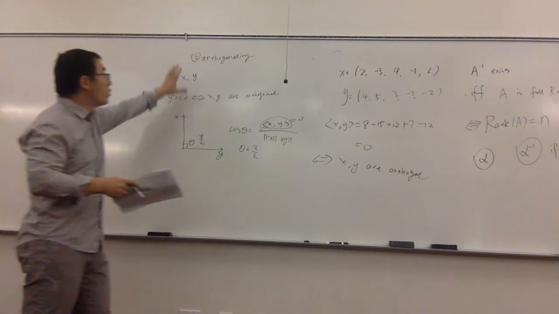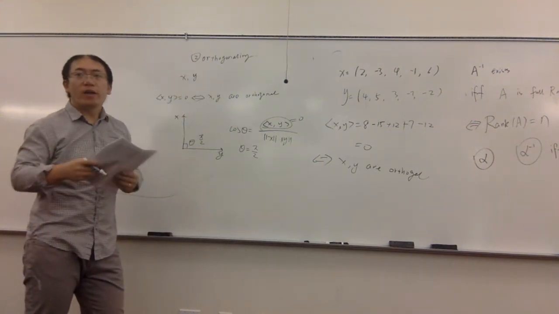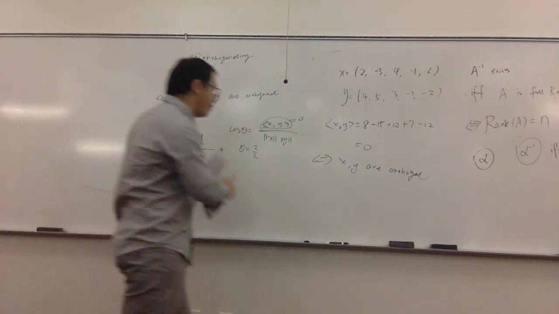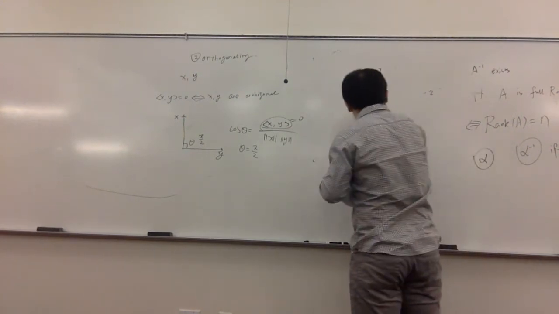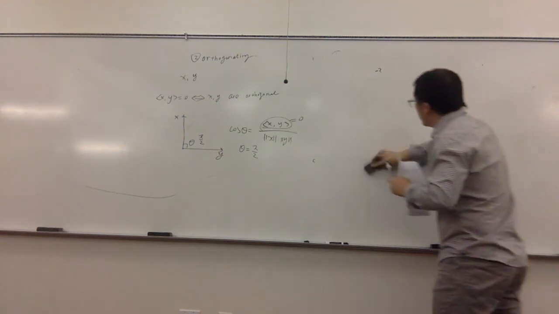So now these are regarding the orthogonality between vectors. Let us generalize this concept to matrices. First, we generalize this concept to square matrices.